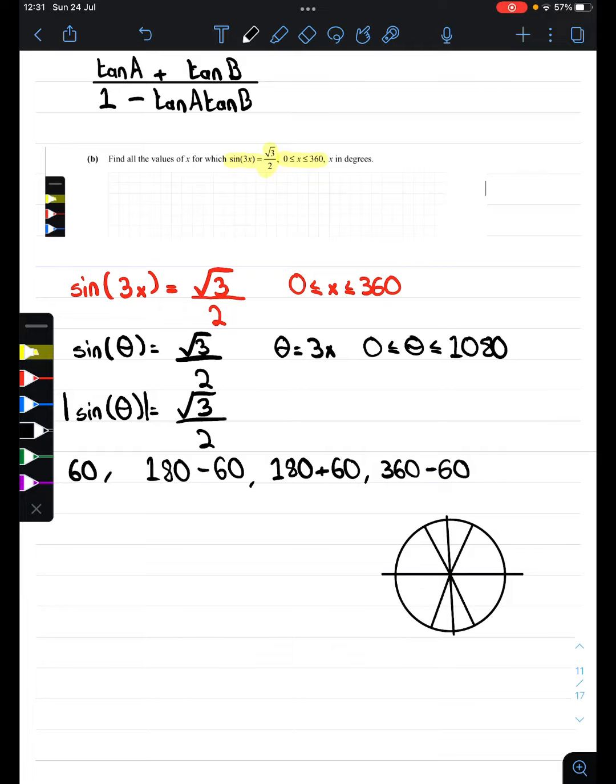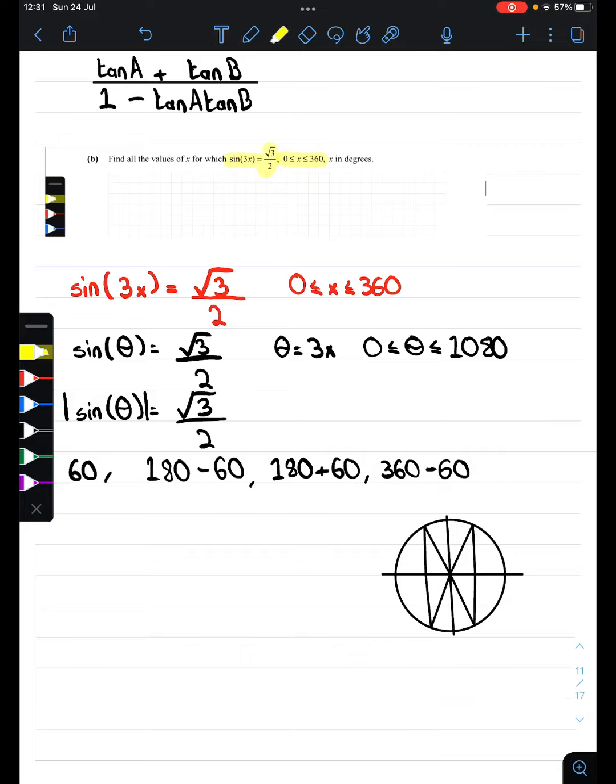And when is it positive? Well, we can pretty clearly see, sine 60 is this, this, this, and this. Alright? So when is this positive?